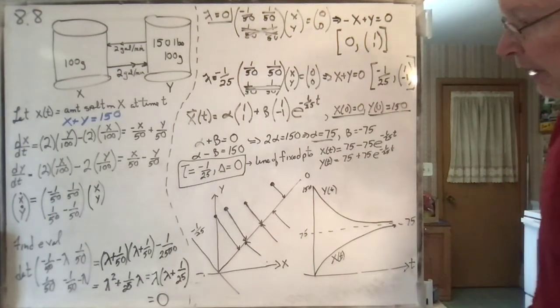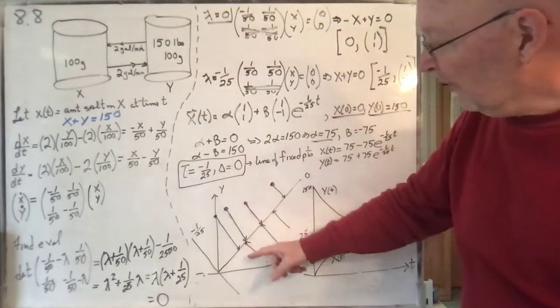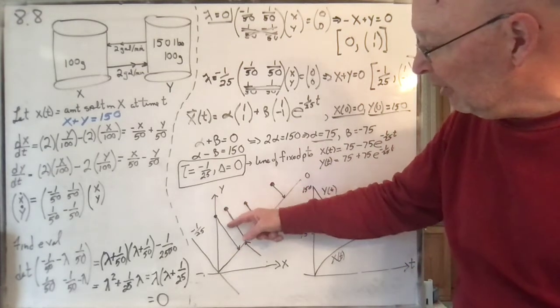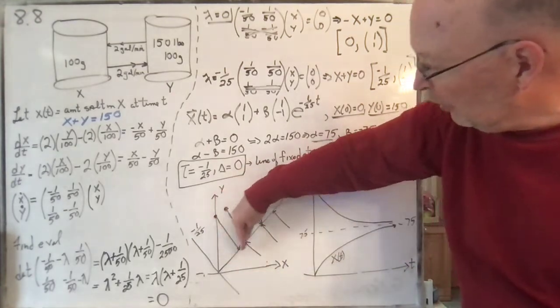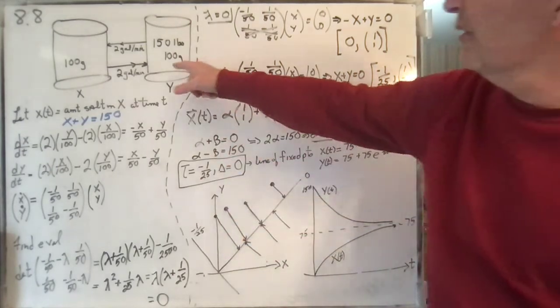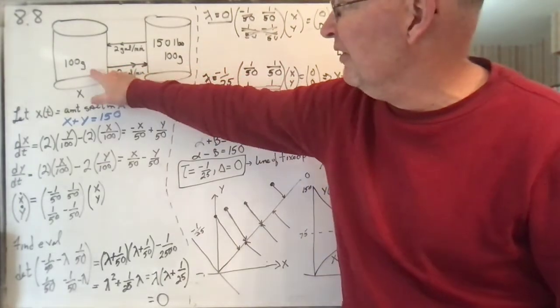Okay? So notice what's happening. One of them is increasing at the same rate at which the other one's decreasing. See that? You're coming along this line. So the x value is increasing and the y value is decreasing at the same rate. Why is that? Because the salt is going from this tank into this tank.